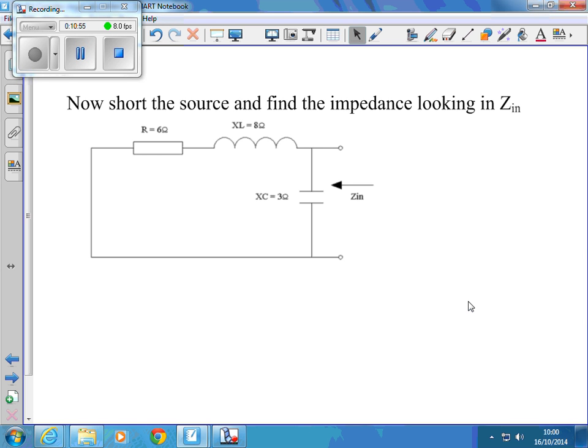So what's the best way to tackle this then? Okay, so did you convert the R and XL to polar form?